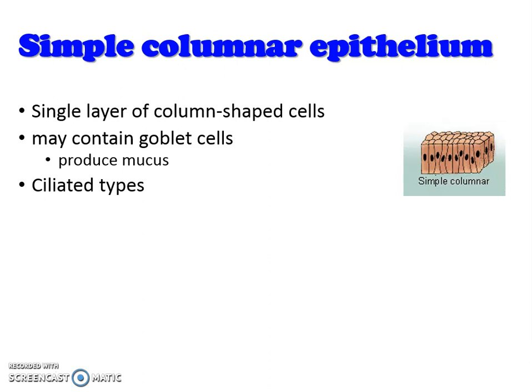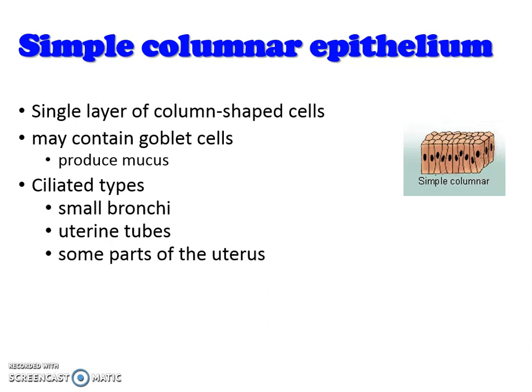Okay, so we've got some columnar epithelium that contains cilia, those little hair-like structures. We would find them in small bronchi, some of the air passageways in the lungs. And we would find ciliated simple columnar epithelium in the uterine tubes, also known as the fallopian tubes, which are responsible for bringing oocytes or egg cells from the ovary into the uterus.